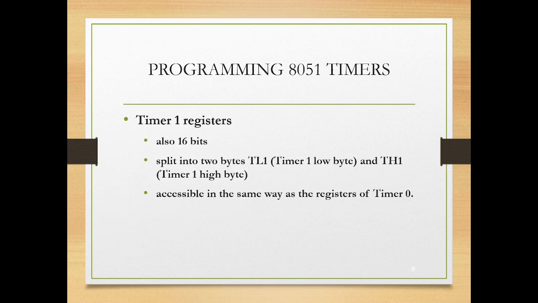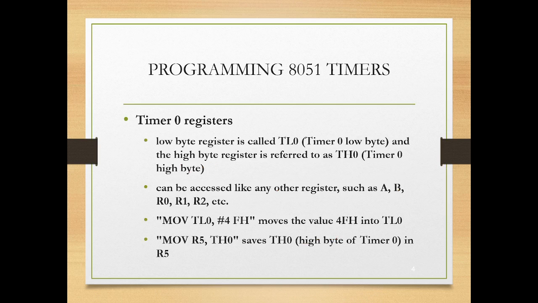And now these timer registers can be used in normal instructions. Just like we access A, B and R0, R1 registers, we can use these timer registers TL0, TH1 as 8 bits.